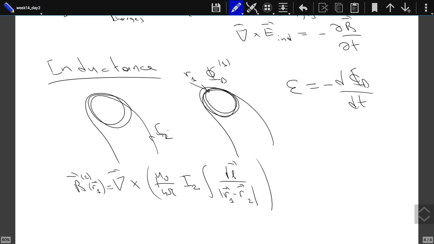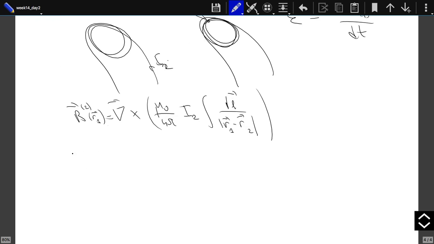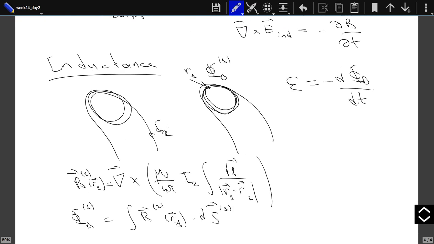So you see, the flux phi B1 will be equal to B created by 2 at the point R1, dot ds1. But B is proportional to I2, so this flux is proportional to I2.